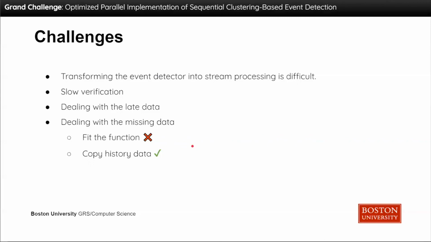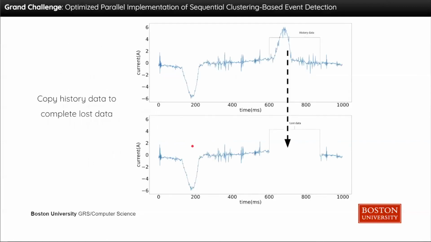And the last one is to handle the lost records. We initially tried to find an algorithm to simulate the lost records. However, the current data is hard to fit as a function. So we noticed that the data shows regularity in each time unit.